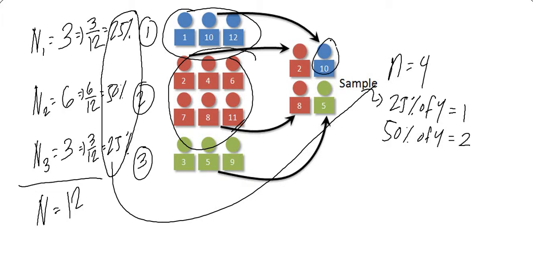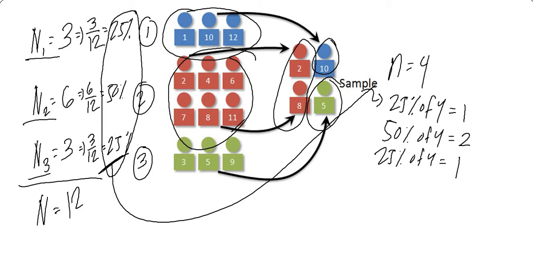That's why we have 1 here from stratum 1 and 2 for stratum 2. And similarly, 25% of 4 for stratum 3, which is also 1. That's why we only have 1 from stratum 3. And that's how we form stratified random sampling, because we take the percentages or the proportion for each stratum that will fit in our sample.